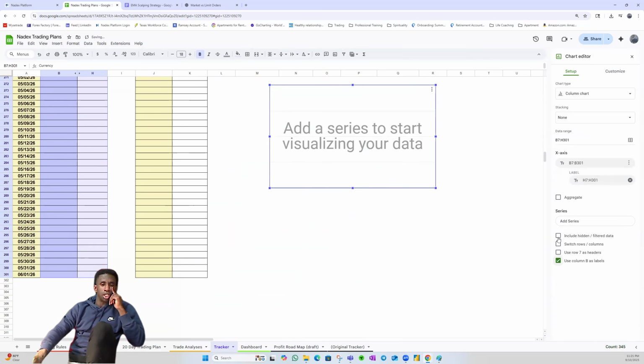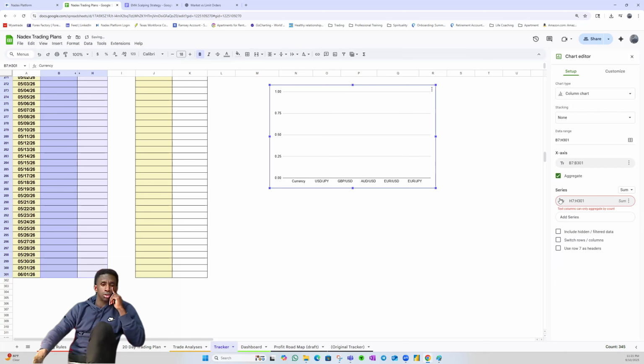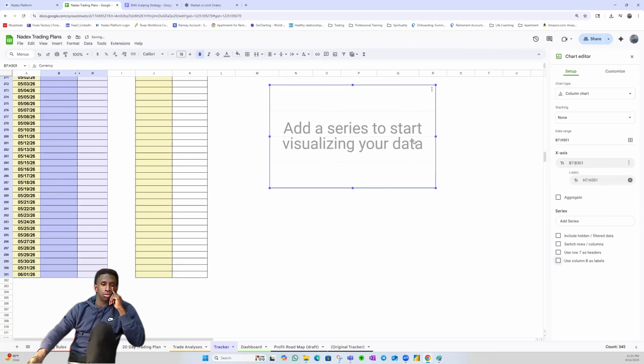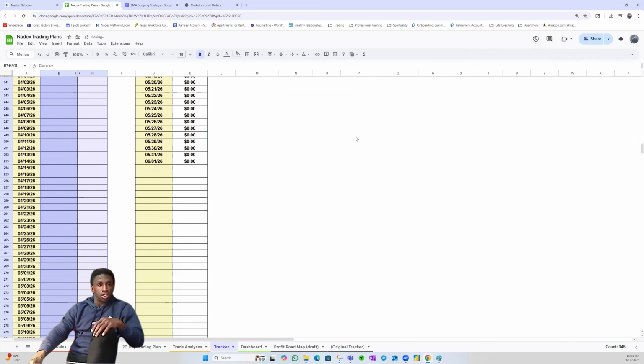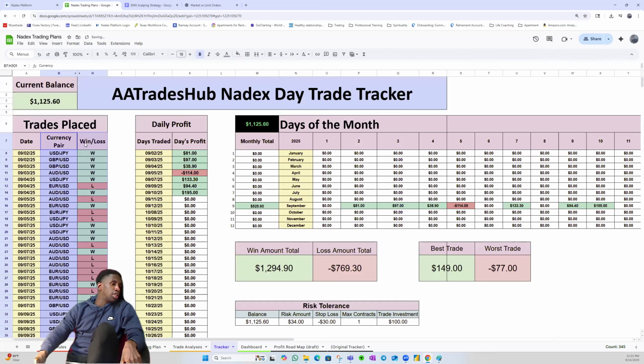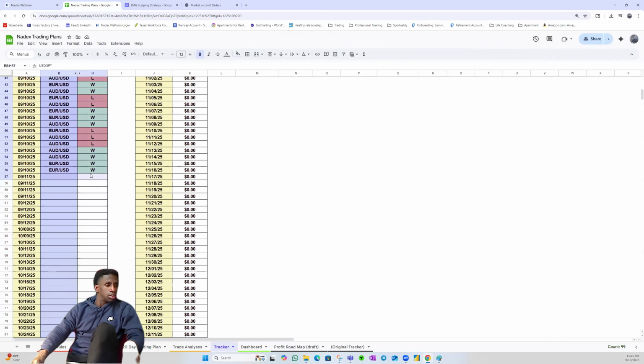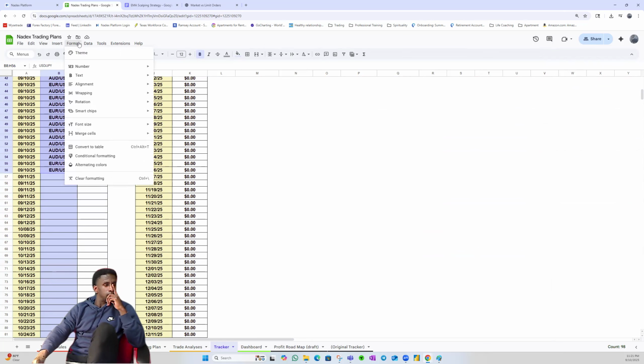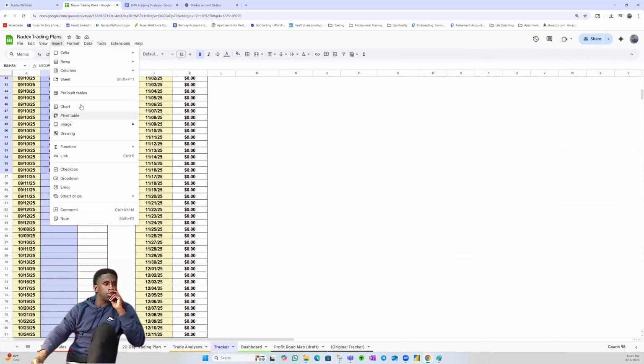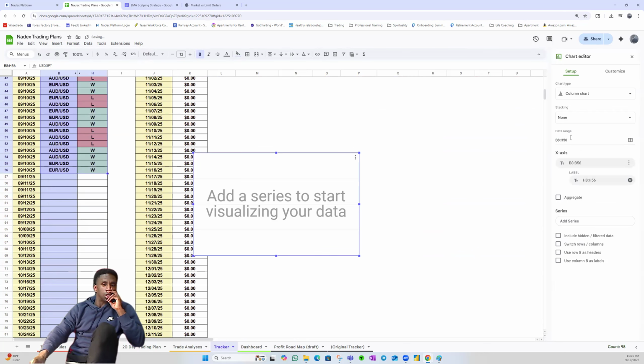Use column B as labels. No. Why is it not working? Do it like that. Let's see.